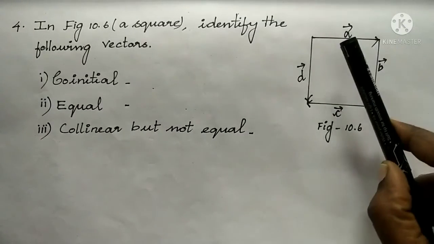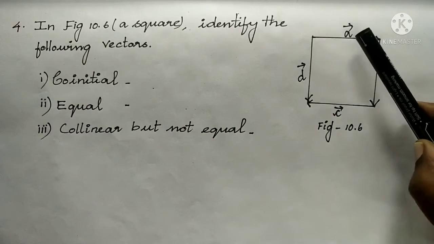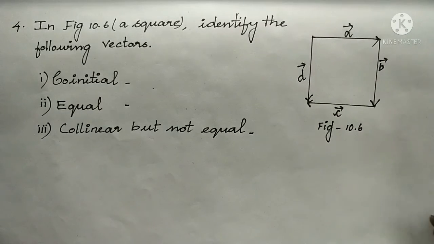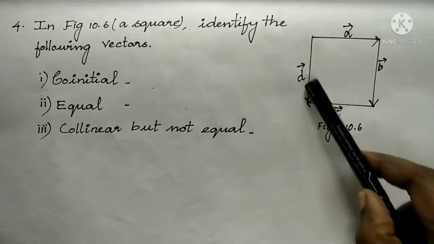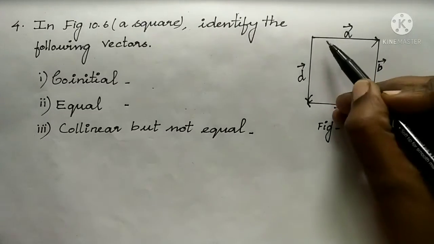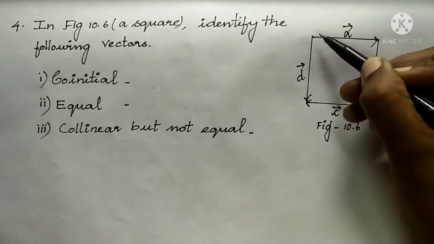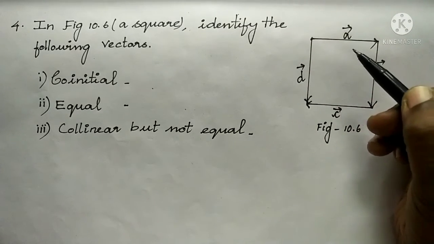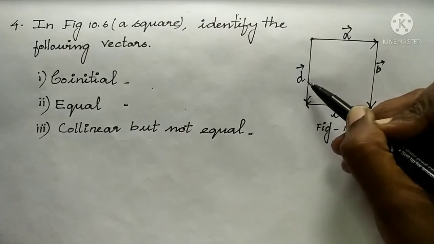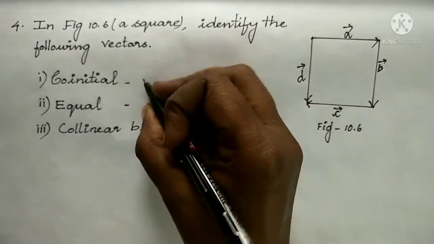In this figure, which are the two vectors which are having the same initial point? We already know co-initial vectors are two or more vectors having the same initial point. If you look at this figure, we can say the vector A and the vector D are having the same initial point. So the vector A and D vector will be our co-initial vectors.